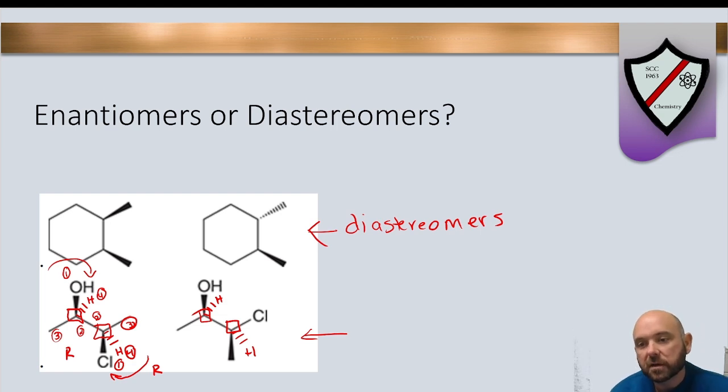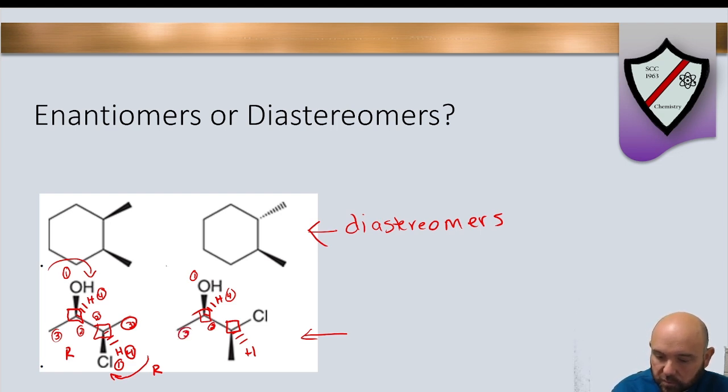So if the next molecule is an enantiomer, both will be S. If it is anything other than both being S, then that is either a diastereomer or the exact same molecule. We'll figure it out. So our 4 is here on this group, our 1 is here on this group, our 2 is here on this group, and our 3 is here on this group.